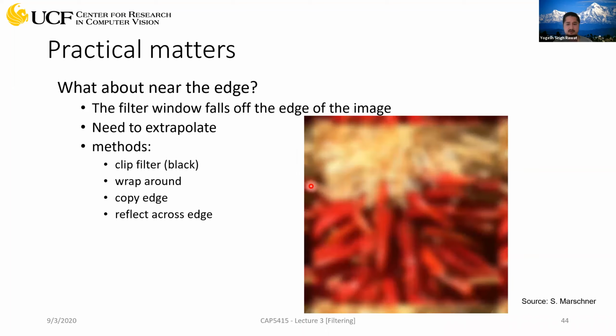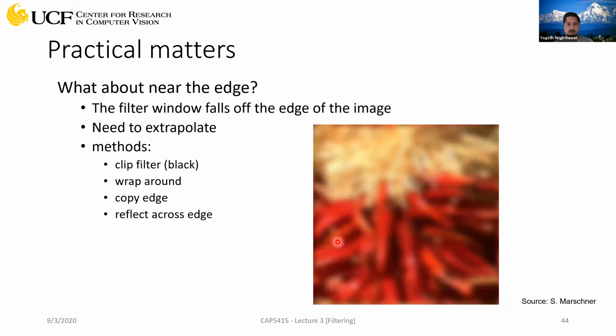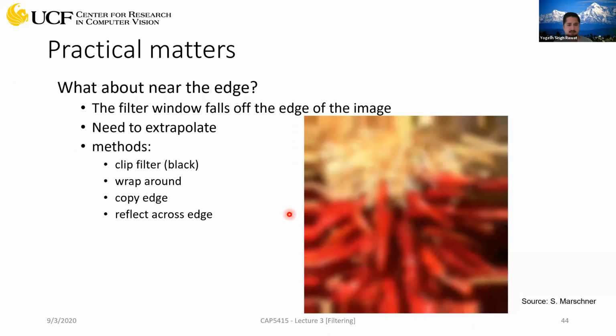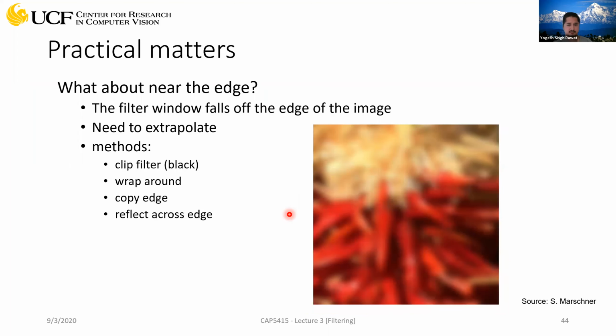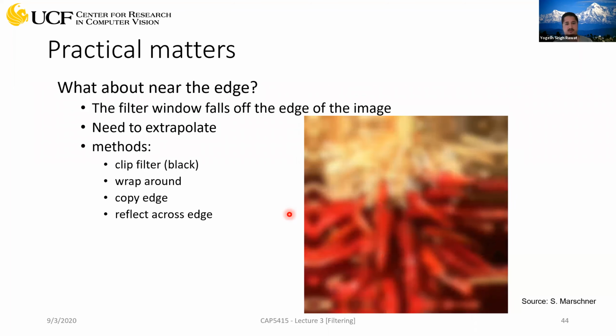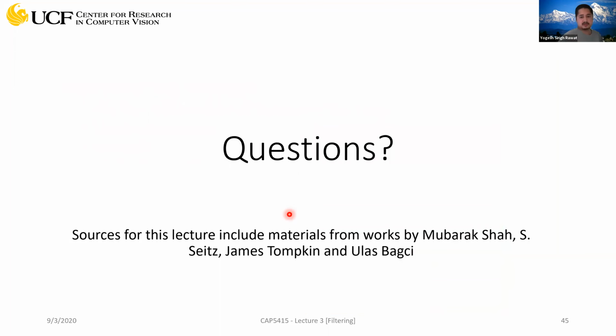And again, if you apply Gaussian, it's kind of smooth. And this is where you're just copying the edge value and extending that over. And that's after the filtering operation. This is just reflection. The filtering. Okay. So that's all about filtering.